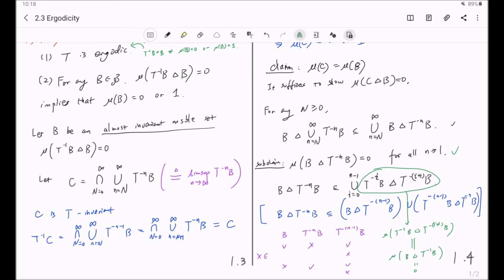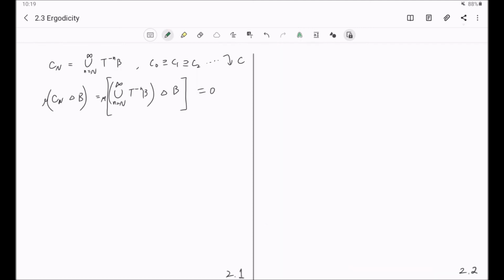What I mean is that we just proved this subclaim where the symmetric difference of B and T inverse B has measure 0. And this guy is contained in the union of those individual terms. This follows precisely by our argument above. And this proves that C sub n's symmetric difference with B has measure 0.